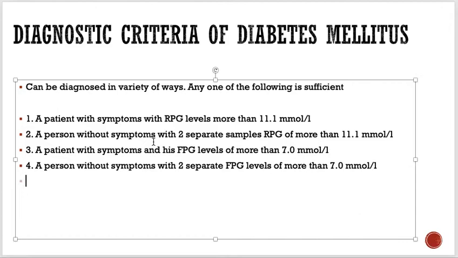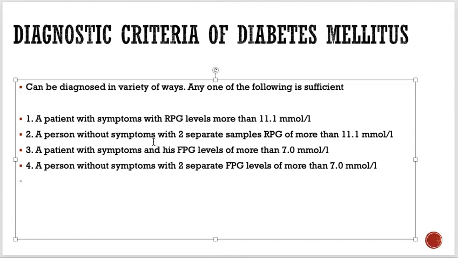Now, one thing, guys, before telling you the fifth criteria of diagnosing anyone with diabetes, we use one more thing which is called glycosylated hemoglobin.